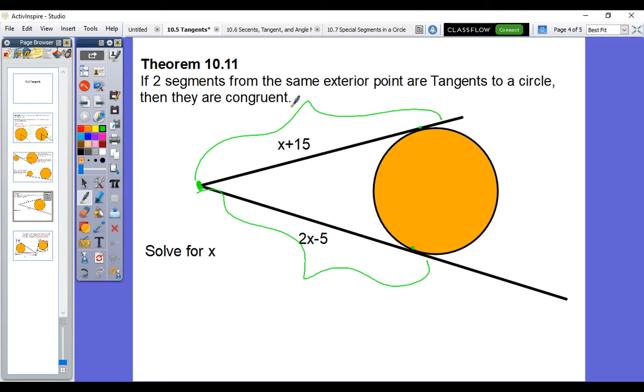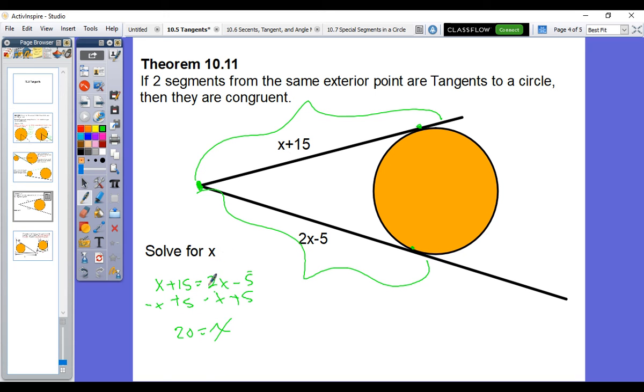So the distance from the point of tangency to the exterior point is the same. If we're solving for x, we say x plus 15 equals 2x minus 5. To solve for x, minus x on both sides and plus 5 on both sides, you end up getting 20 equals x.